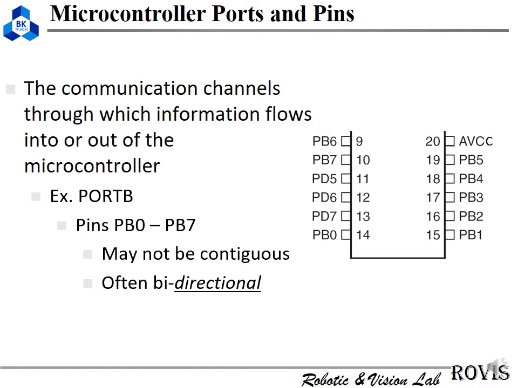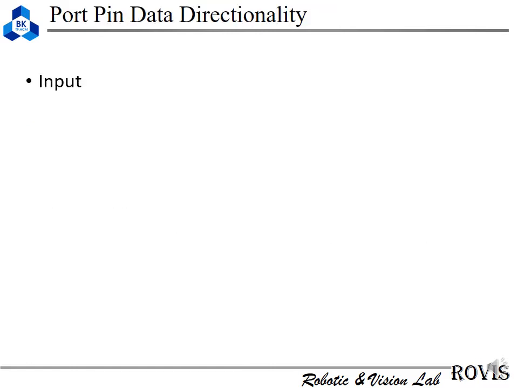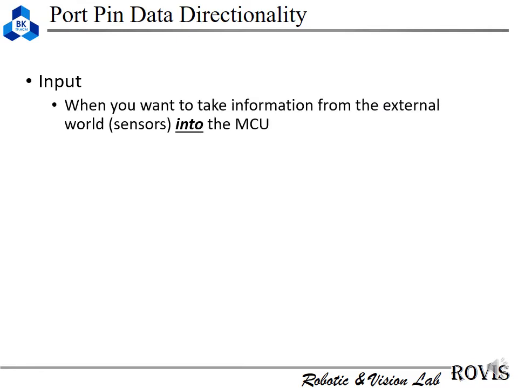And we have to study two definitions. First, what is the input? The input is when you want to take information from the external world, for example from a sensor, such as a temperature sensor, from an encoder, or from a fog sensor or something like that.